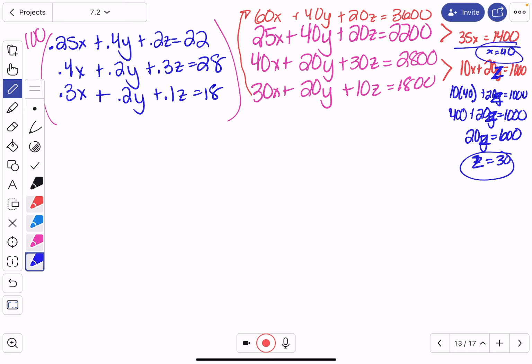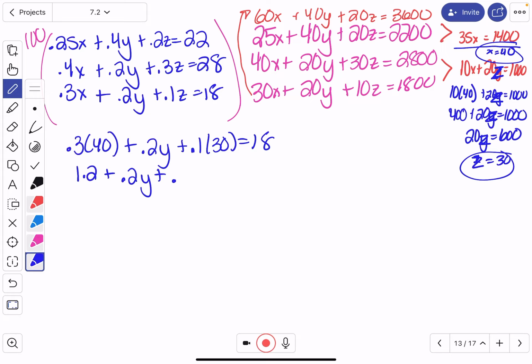Now that we have those, we can plug them into one of the original equations. So 0.3 times 40 plus 0.2y plus 0.1 times 30 equals 18.